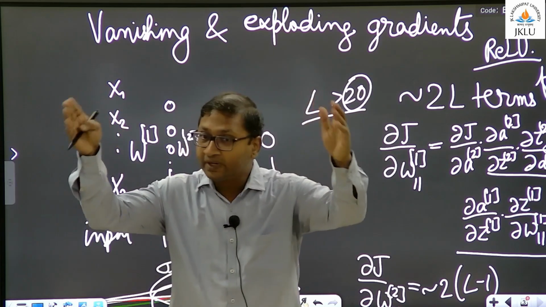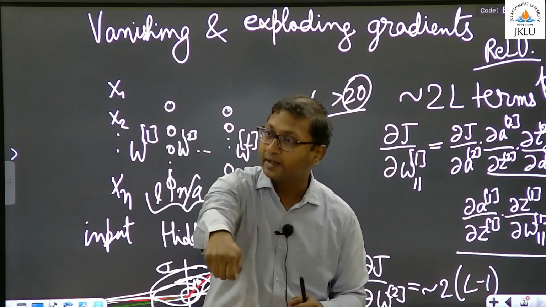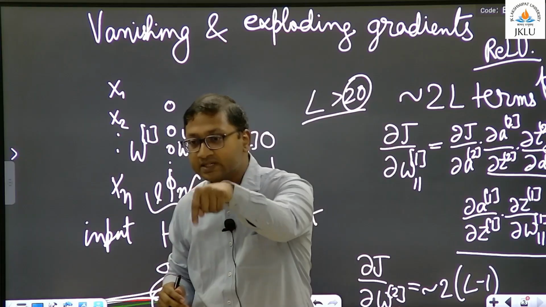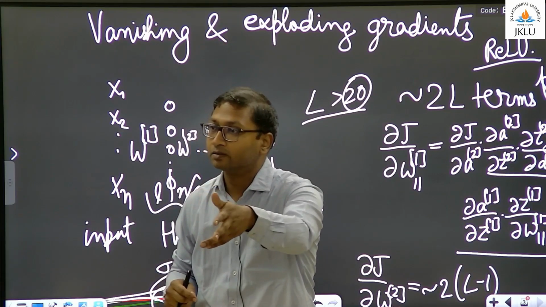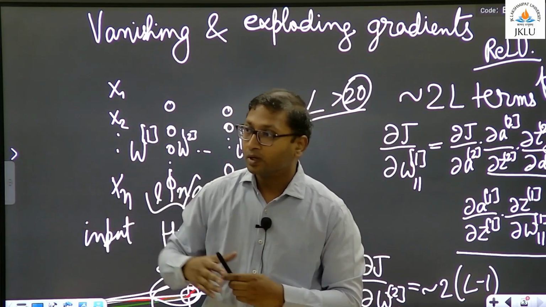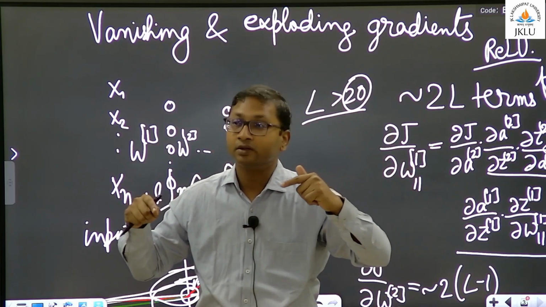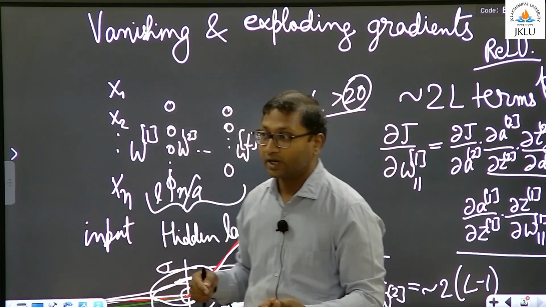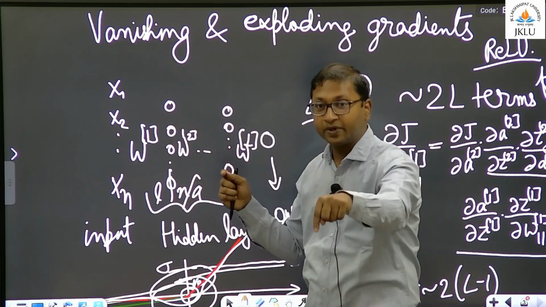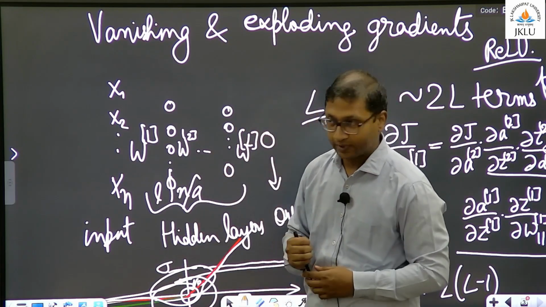I have my m training examples, I pick one, train on that, put it back, and again randomly pick one. What is the probability that this same example will be picked in the next iteration as well? It is still 1 by m. But when you randomly shuffle it, you are doing it without replacement. So you will see papers about with replacement, but you will see practitioners using without replacement.